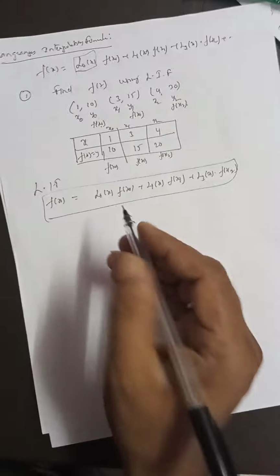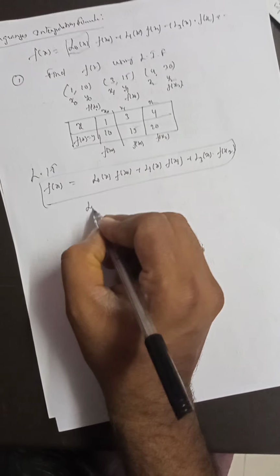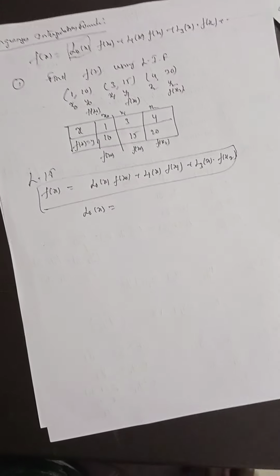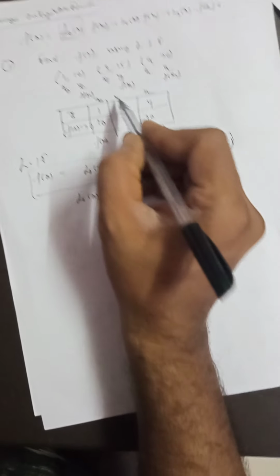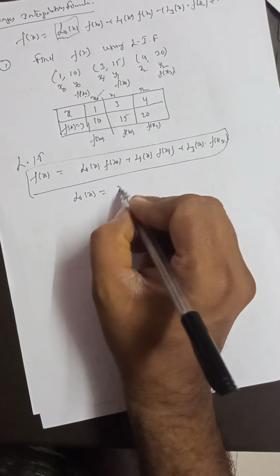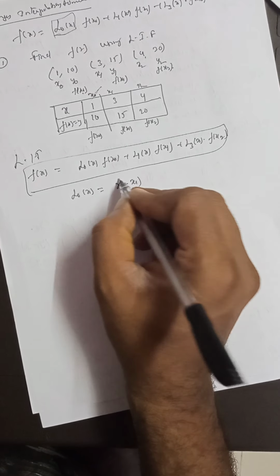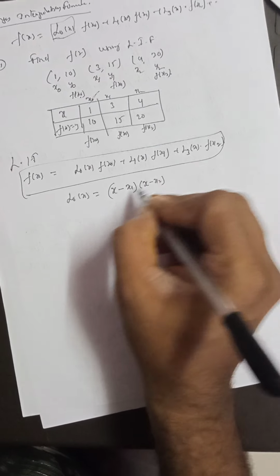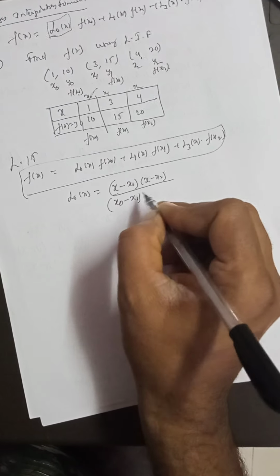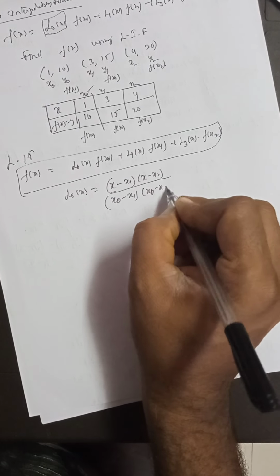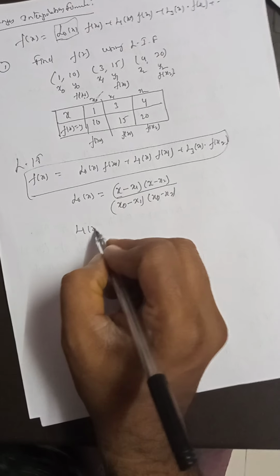Okay, now see, what is L naught of x? Based on the table we have to write; see how many x values there are. There are three values. Now first discard this x value, and write the combination factors: x minus x1 into x minus x2, by the discarded value. That's it. What is L1 of x?